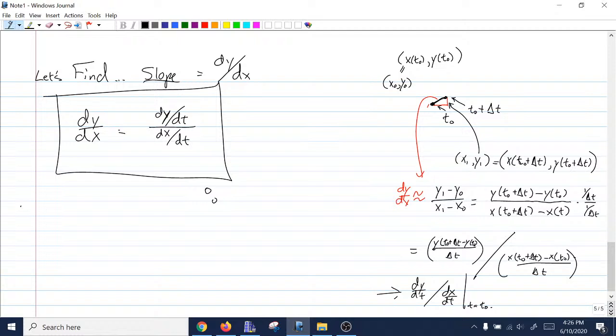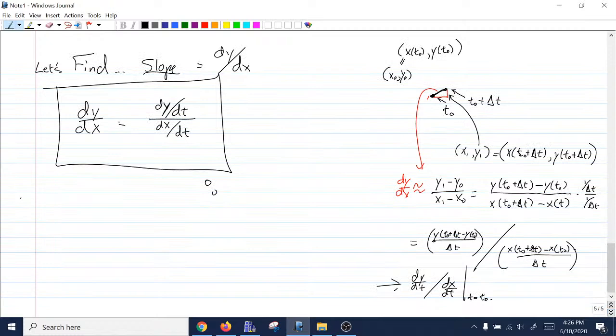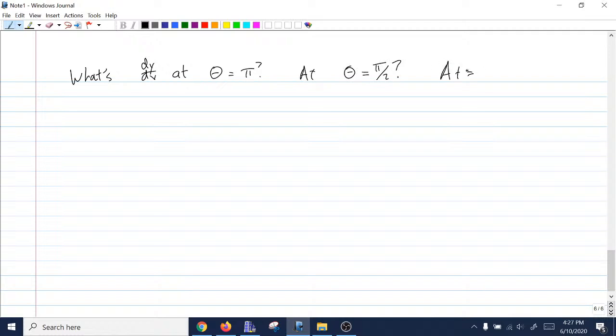Cool. Let's try this out on our curve. Let's pick a couple points. For the cycloid, what's dy dx at theta equals pi? At theta equals pi over 4? Now let's do pi over 2. At theta equals 0. Well, dy dx is supposed to be dy dt over dx dt.